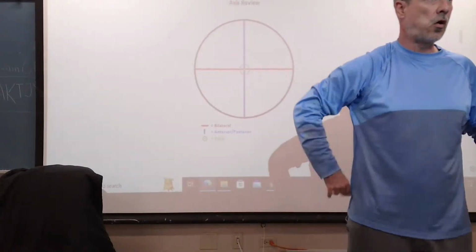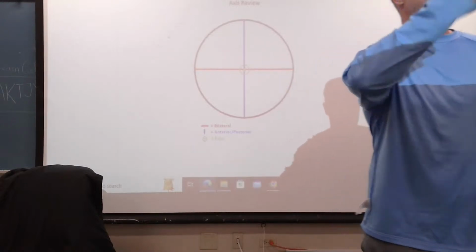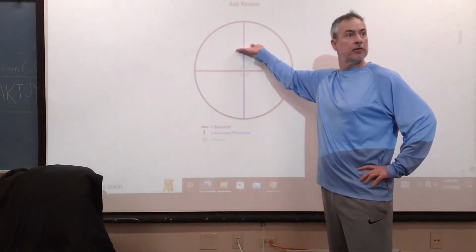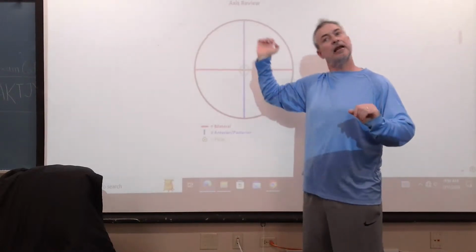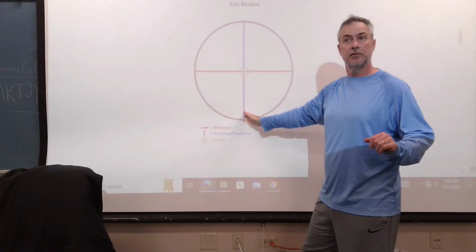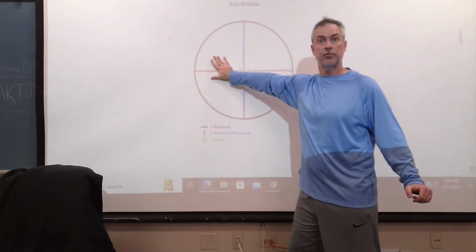Make sense? So what do we know about the right sternocleidomastoid? It's a flexion puller, meaning it's going to be in the front. It's a right lateral cervical bender. This is our AP axis of our neck. Right side, left side. True?